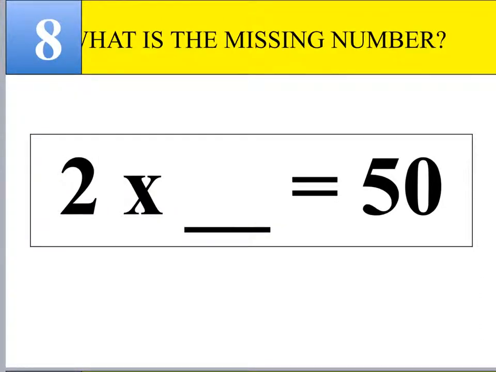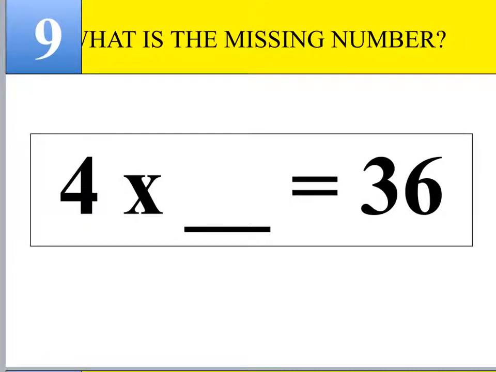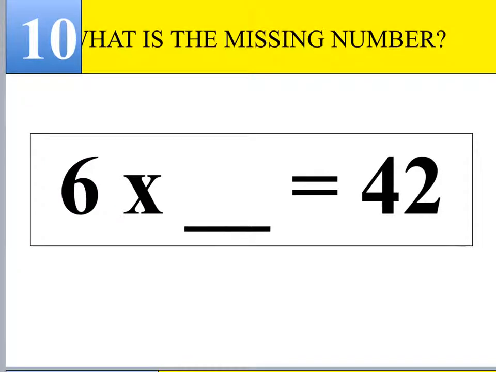Two times what equals 50? 4 times what equals 36? 6 times what equals 42?